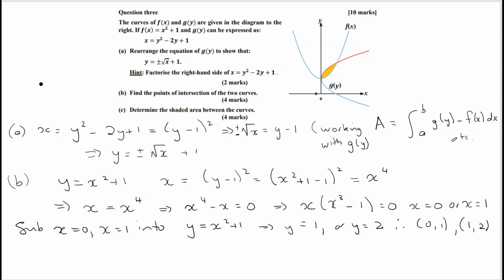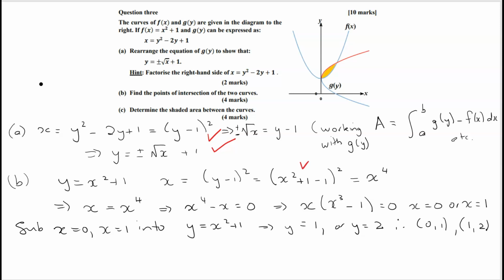Okay, so the marking for those is for the first part, you got 2 marks, one for saying that x was equal to (y minus 1) squared, and then for going to the actual answer. And in the second part, in B, you got a mark for putting x into, or y into there.